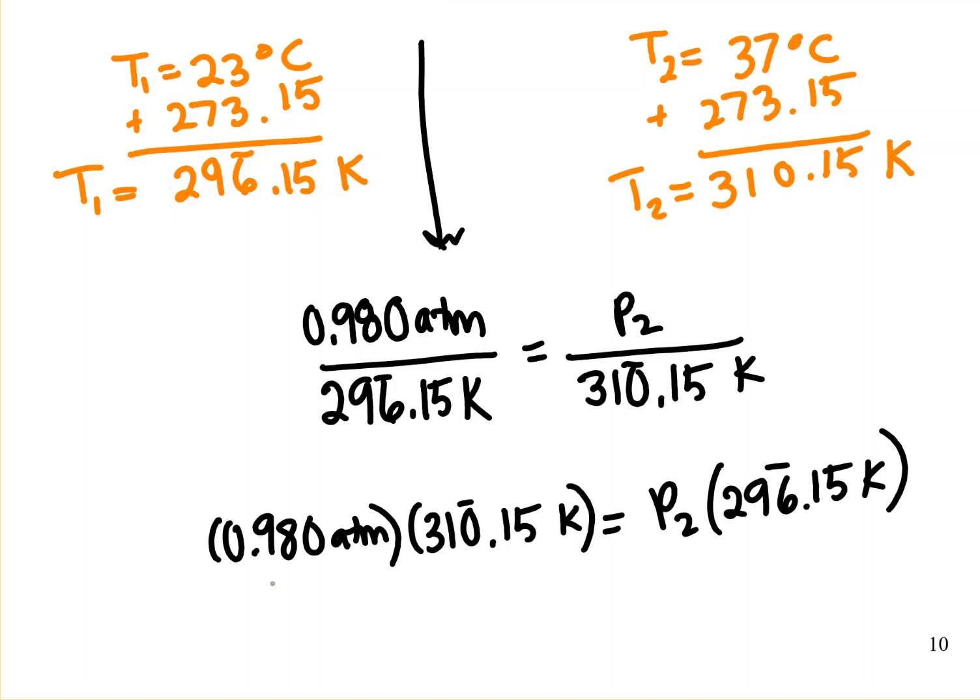And then I'm going to divide both sides by this 296. I'm keeping track that that temperature only has 3 sig figs, but the pressure does as well.